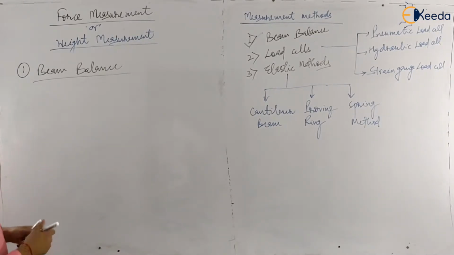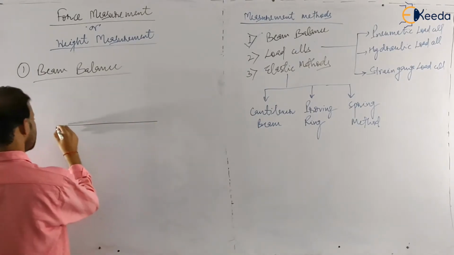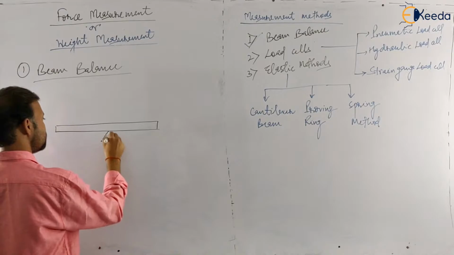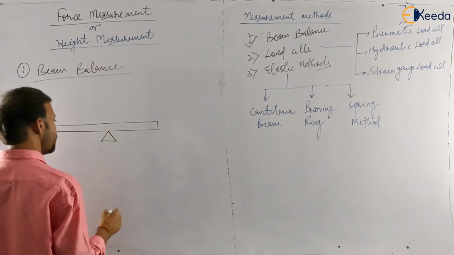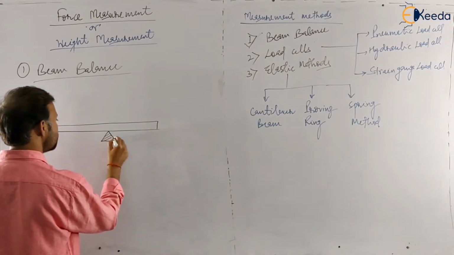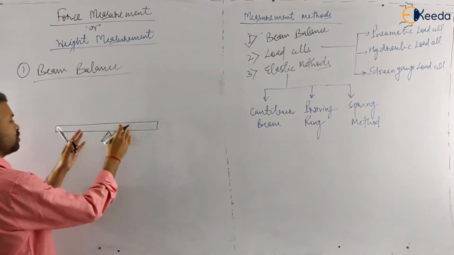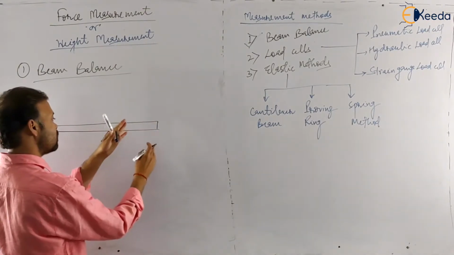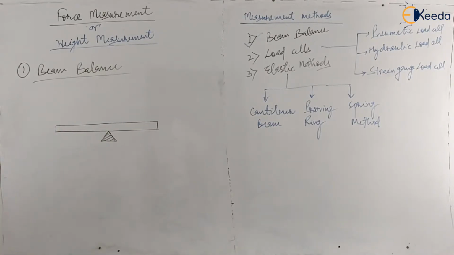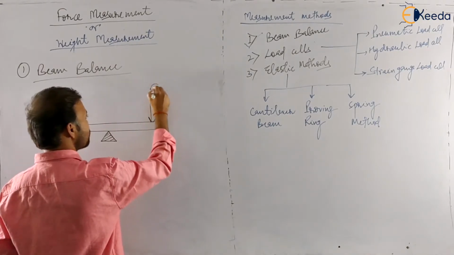So there is a beam. Let us suppose this is a beam, and at this point the beam can move either way. This portion can go downward and this portion can go downward according to the weight. Let us suppose an unknown force is applied from here.